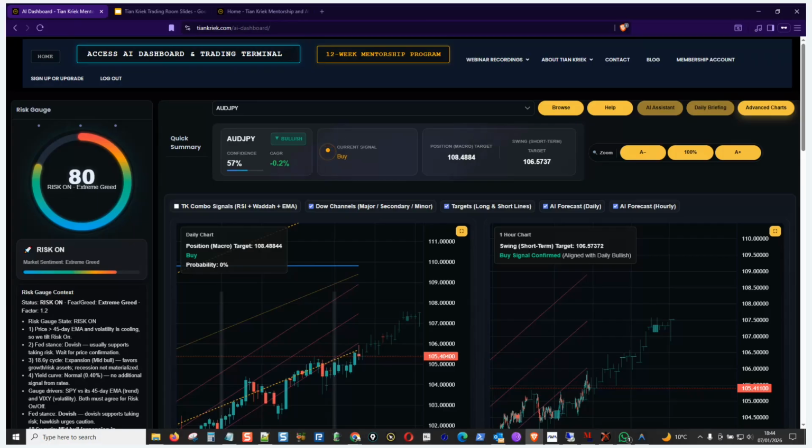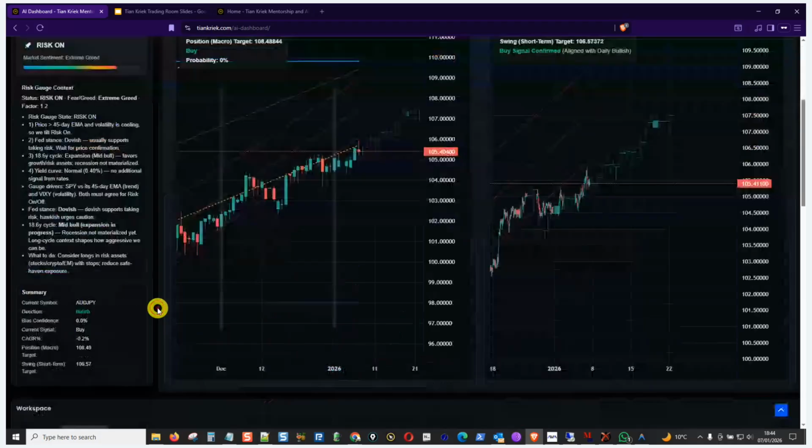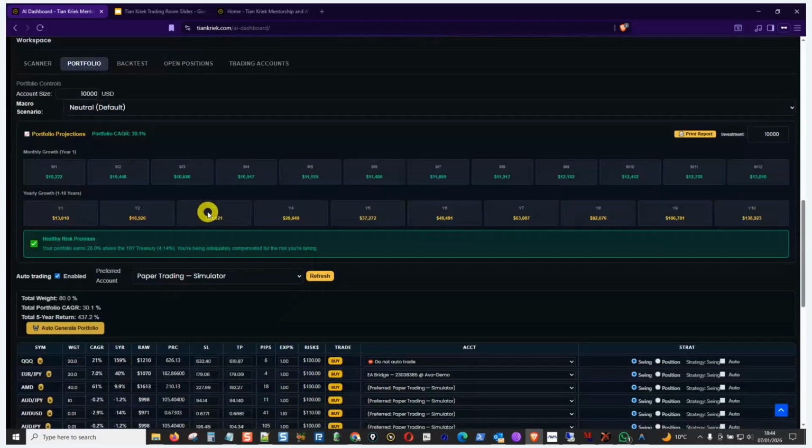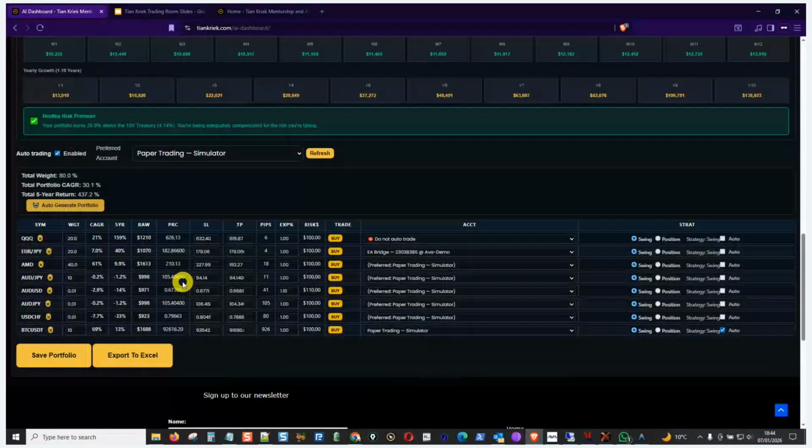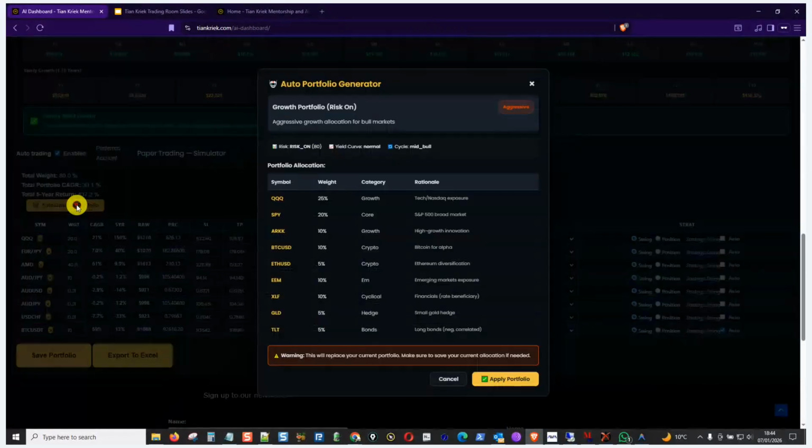There's a question here from Jewel. Is there a way to construct a plan that produces a desired annual return on account balance? So what you can do is go to portfolio, and you can click on auto generate a portfolio. Then it will create a portfolio based on what you prefer, aggressive, or more conservative.